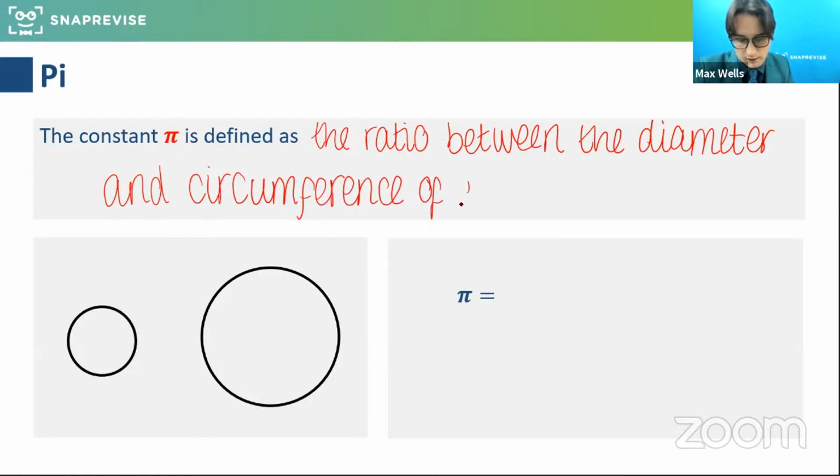Okay, and I'll just clarify what I mean by that. It's basically a scale factor that links you from the diameter to the circumference.